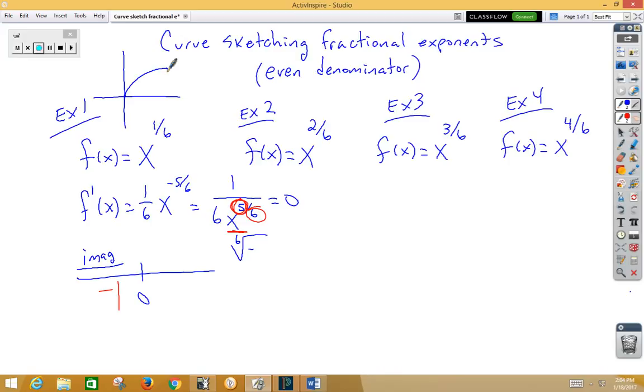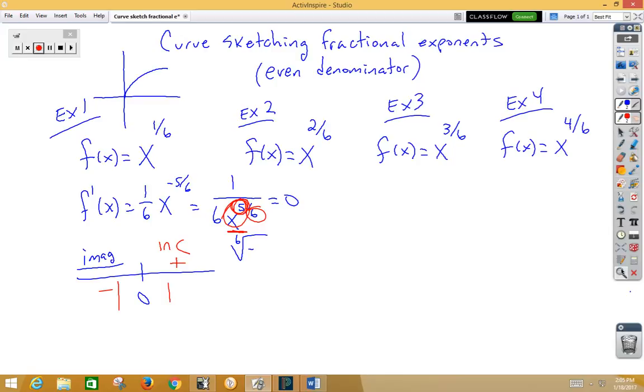If we pick something to the right, like positive 1, and we plug in, we get a positive 1 underneath. So we get a positive, and the graph is going to be increasing. Well, we no longer have to worry about the left of 0 because those are imaginary.